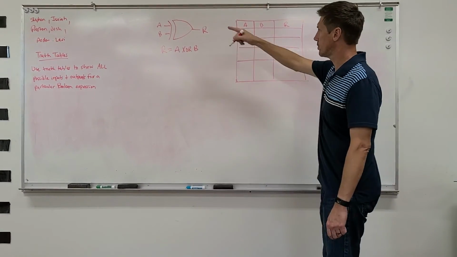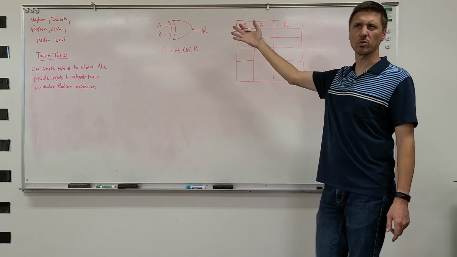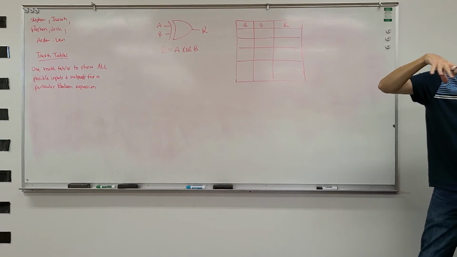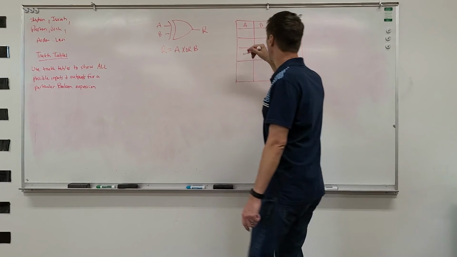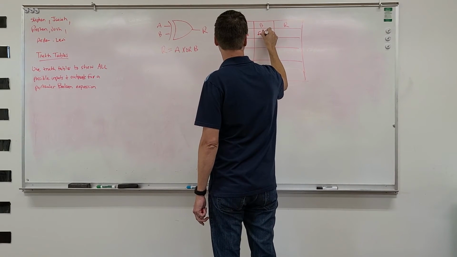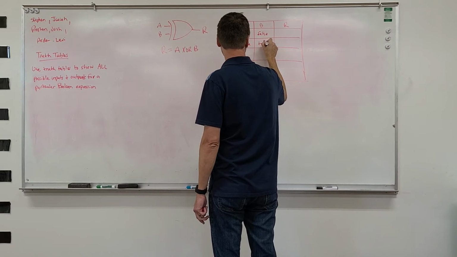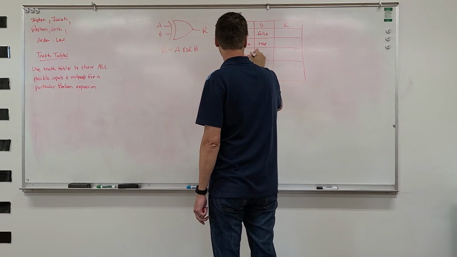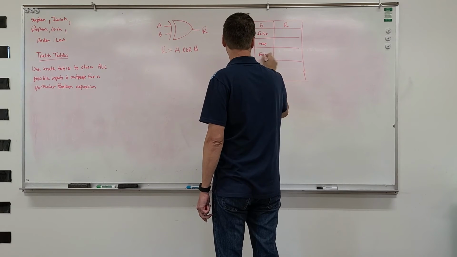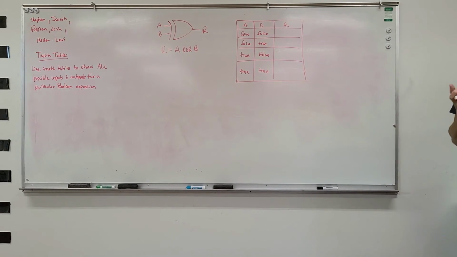And that's just because the values can only be 0 or 1, or true and false. We'll do this one true and false, and then the next problem we'll do 0 and 1. All right? So the possibilities here are A and B can both be false, or A can be false and B can be true, or A can be true and B can be false, or finally true, true. Right? Those are all of our options.